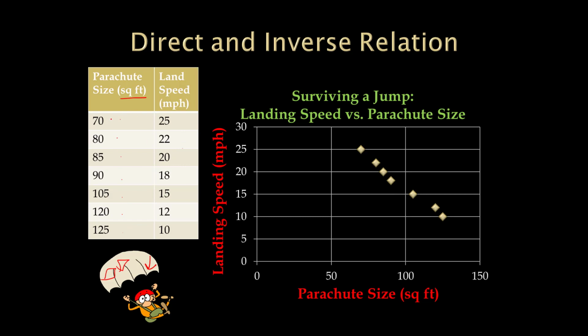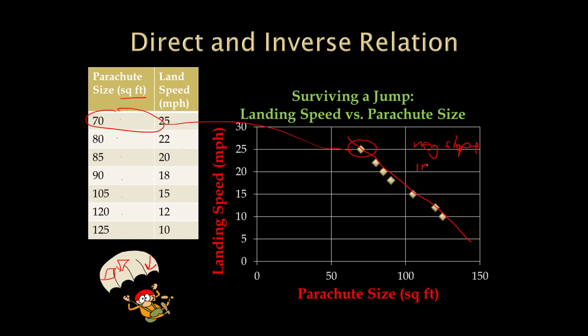So I've plotted our data points onto the graph for all 7 pieces of data that we have here. A best fit line, I'll draw as best I can, freehand, a straight line that goes in the same direction as the data. And I see that here I have a negative slope. As the parachute gets larger, the landing speed goes down.